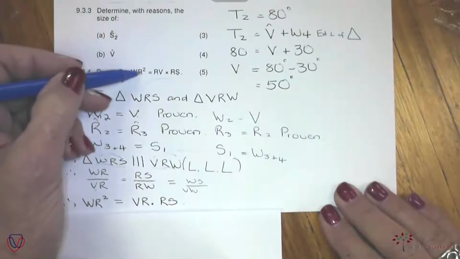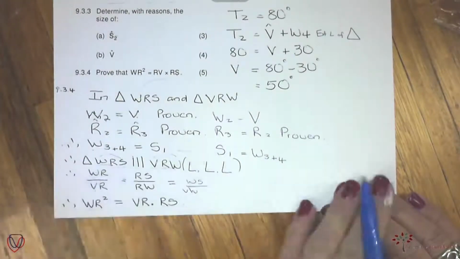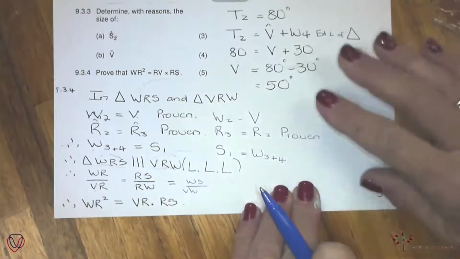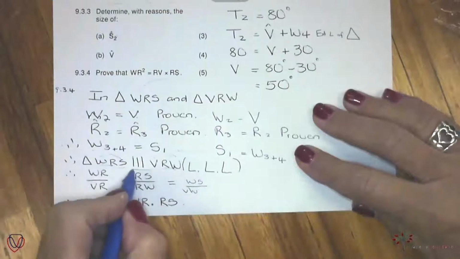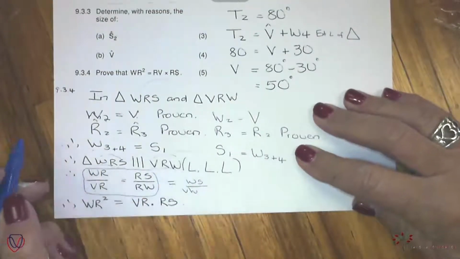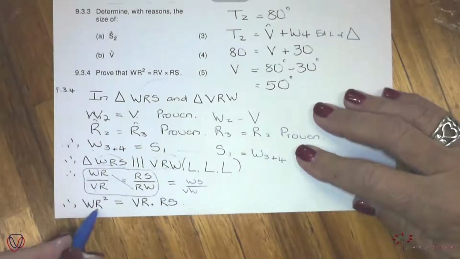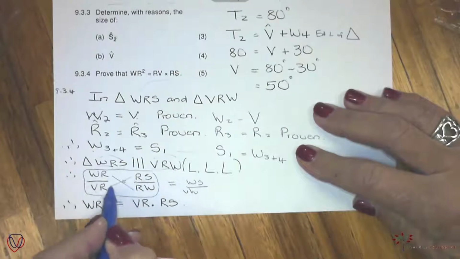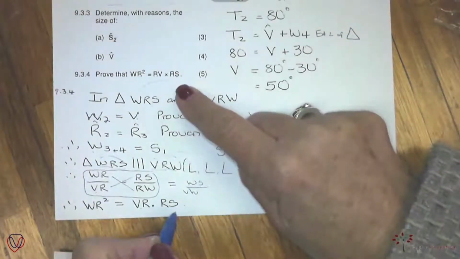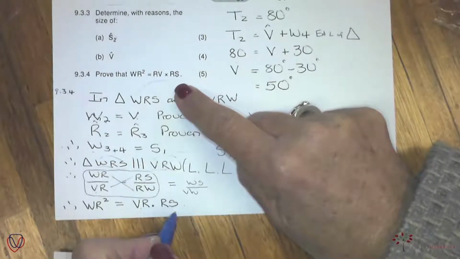I want WR squared. WR. People, whether you say WR or RW, it's exactly the same thing. If you take these two ratios, you've got everything you need. If you cross multiply there, you will get WR squared. If you cross multiply there, VR times RS. Straightforward from there.